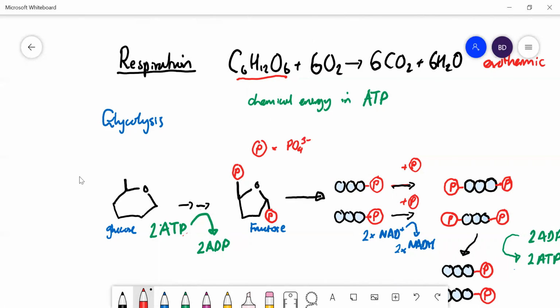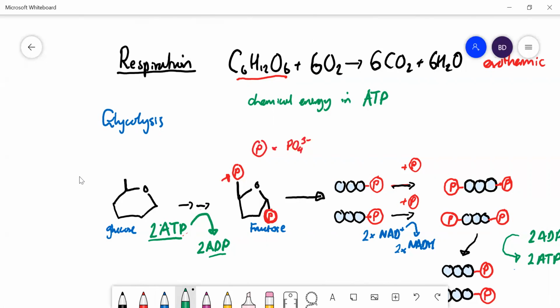But to put these 2 phosphate groups on here, that one and that one, you need ATP. So the whole idea of respiration is you're going to make some ATP, but before we start, you have to put some ATP in. For each one of those phosphates stuck onto the fructose, you're going to need an ATP, and that will become an ADP. So that's an initial input that you've got to make.